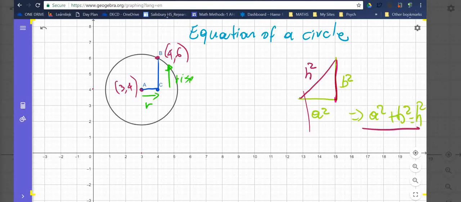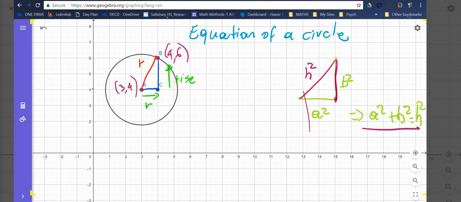You remember that? When we were discussing the gradient? And also I want you to remember that this is the radius. Radius is the segment that connects the center with the point on the circumference of a circle.